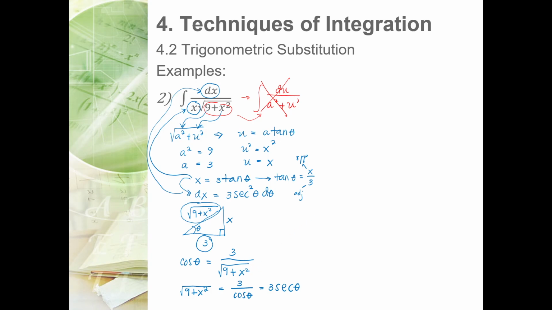With this, we can now replace the square root of 9 plus x squared with this one here. Notice also that every replaced term is in terms of theta. You have 3 tangent theta for the x parameter, 3 secant squared theta d theta, and 3 secant theta.